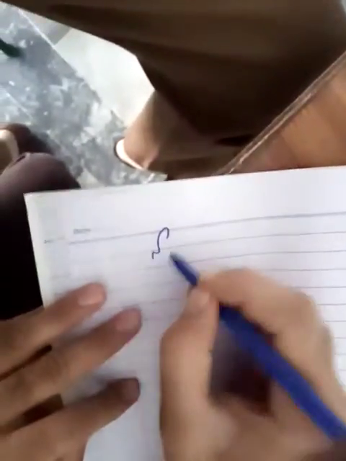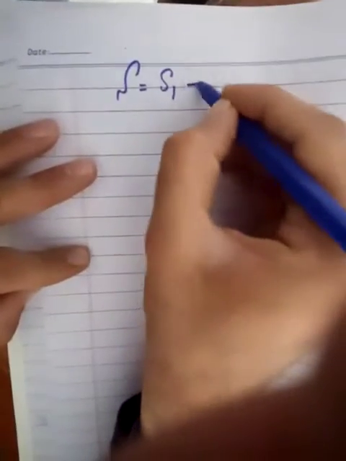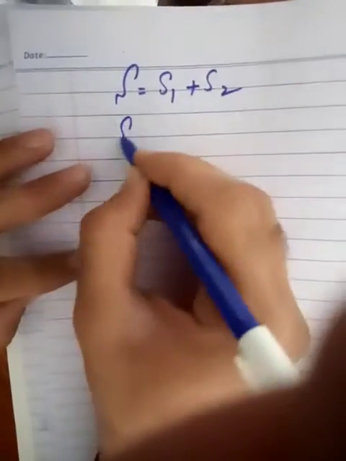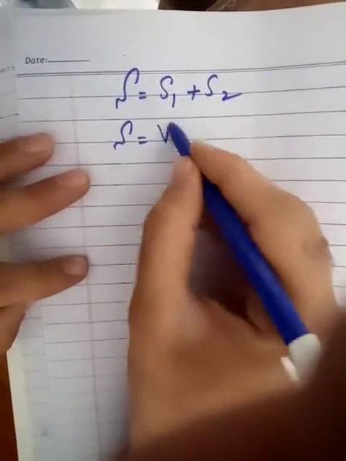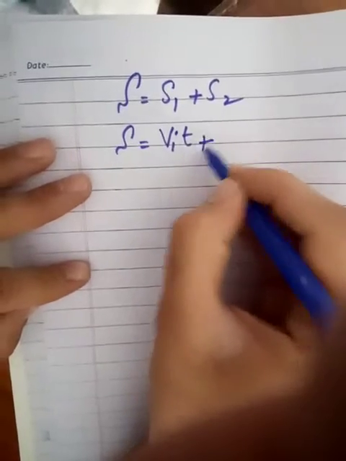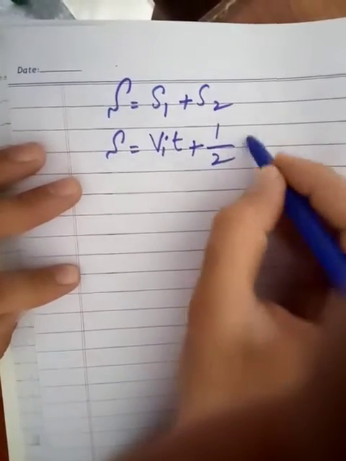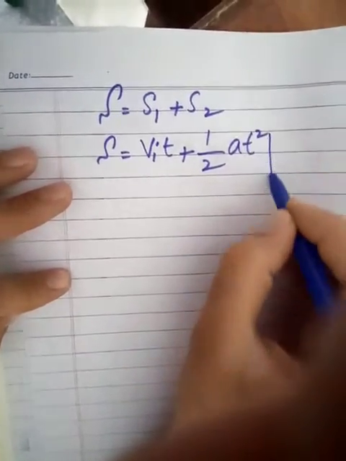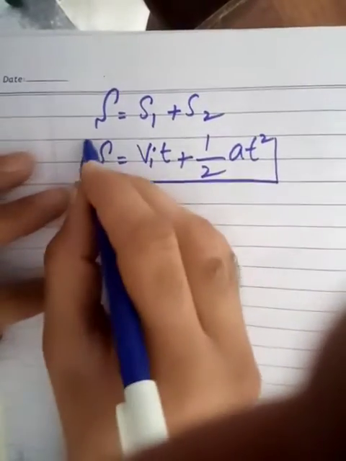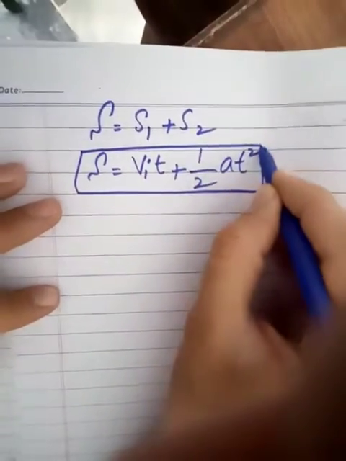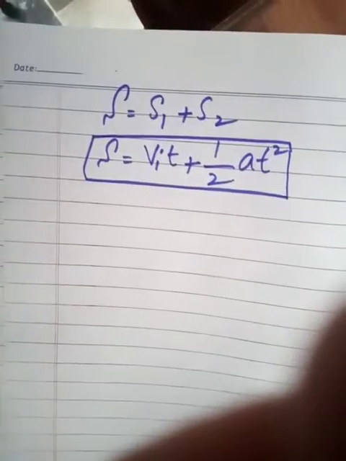So by putting the values, S is equal to S1 plus S2, it will be VIT plus half AT square. So that is the second equation proved by the graphical method. That is the second equation of motion.